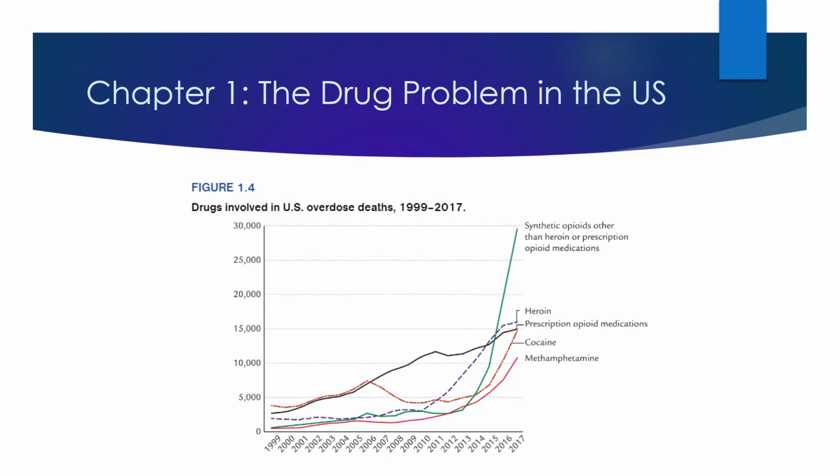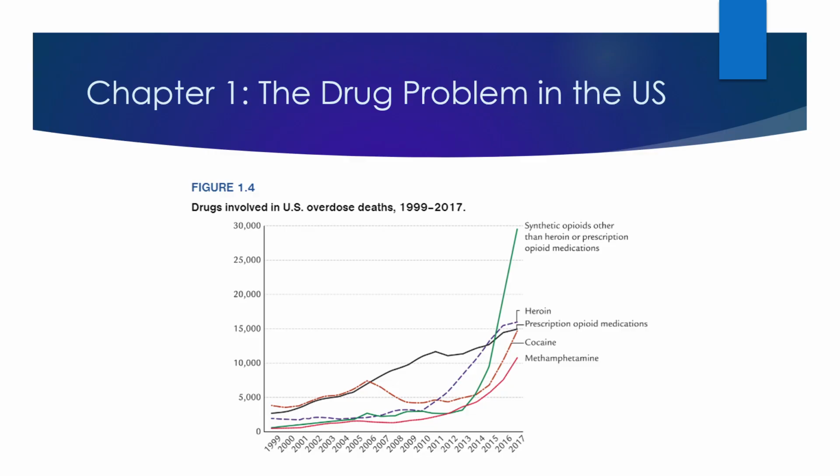Moving to the next slide, you can see here drugs involved in U.S. overdose deaths. Here we have the addition of these different types of drugs and the breakdown of their frequency.